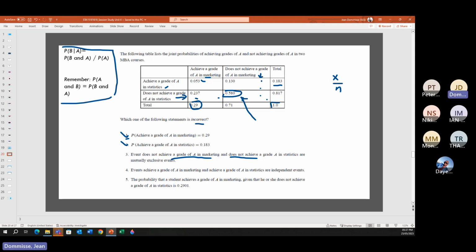If they were mutually exclusive, they should have been zero. It is definitely not zero, it's 0.58. So that one is the incorrect one. If it is mutually exclusive, that value should have been zero. Okay, but let's look at the other two as well.